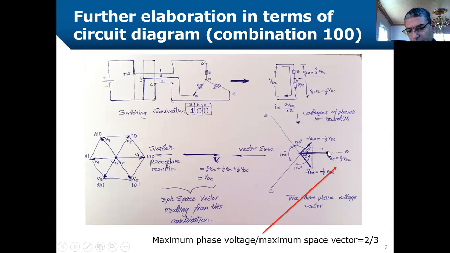Please note here that the maximum phase voltage available from a given space vector whose magnitude is VDC is 2 by 3 multiplied by VDC. We will need this piece of information later on.